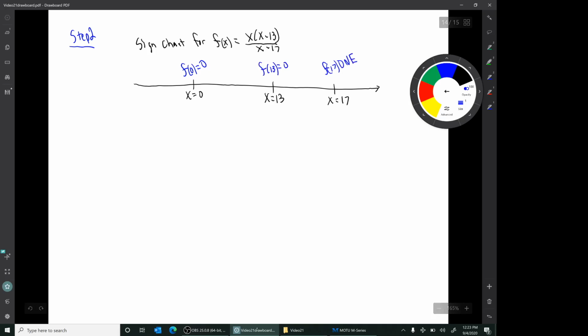At x equals 0, the y value is 0. At x equals 13, the y value is 0. And at x equals 17, the y value does not exist. Okay, step 3 is to determine the sign behavior in the intervals. Find test numbers and determine the sign behavior on these intervals.